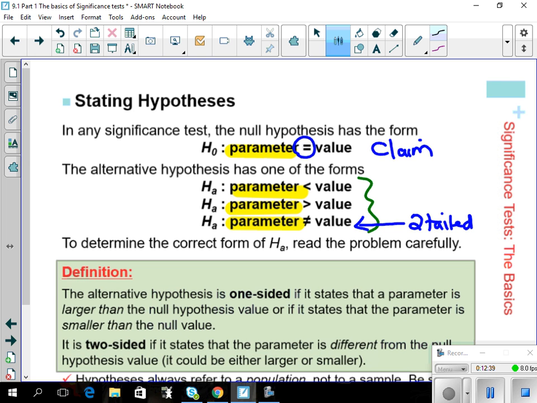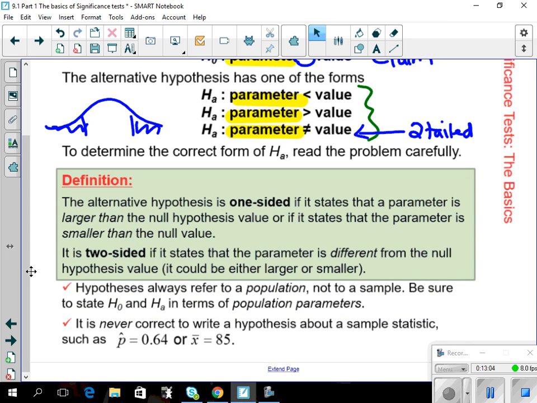When you have a two-tailed test, we're looking at literally two tails. It's not equal to what we think it is. He's either less than or he's greater than. All we can say is that it's not equal to. The two-tailed tests aren't as strong because you have more options to be in there, right?